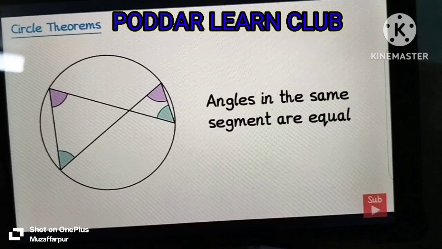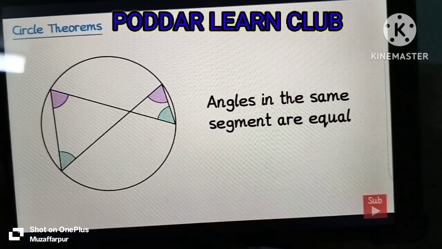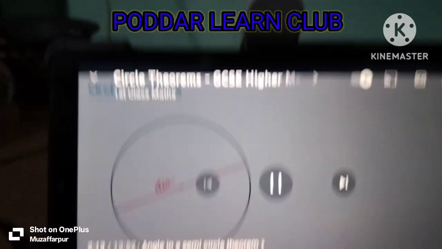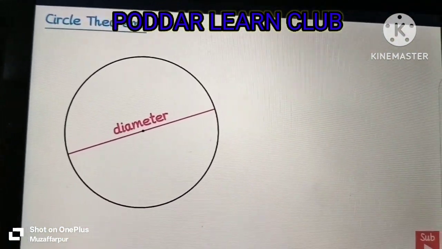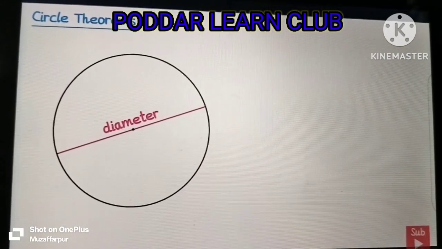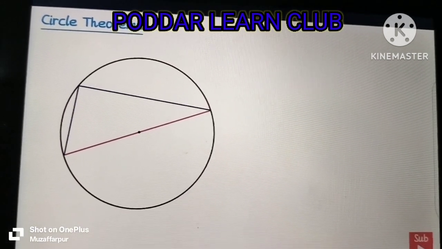Now we consider another circle theorem, another important term which you have to remember. This is a diameter of the circle, and this diameter divides the circle into two equal parts.